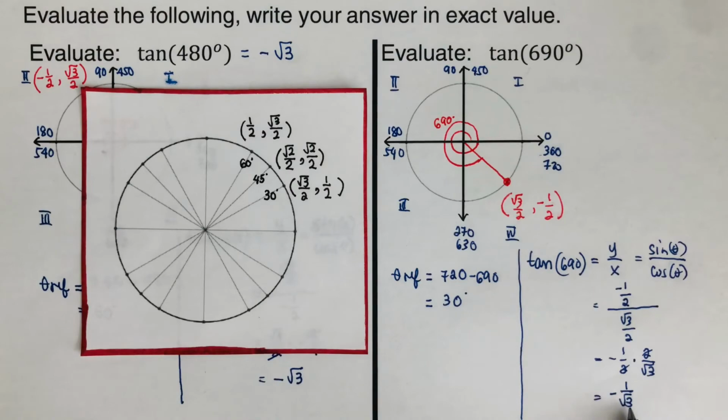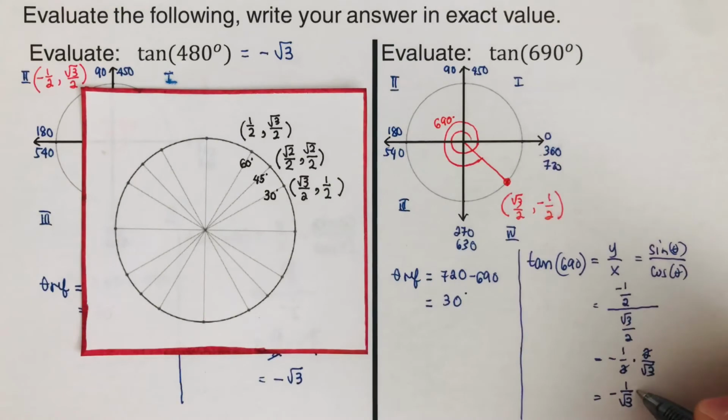Since we have a square root at the denominator, we're going to rationalize this. Rationalizing means we get rid of the square root on the denominator. So I go ahead and multiply this by square root of 3 over square root of 3. So this would come out to be square root of 3 over square root of 9, because 3 times 3 is 9.